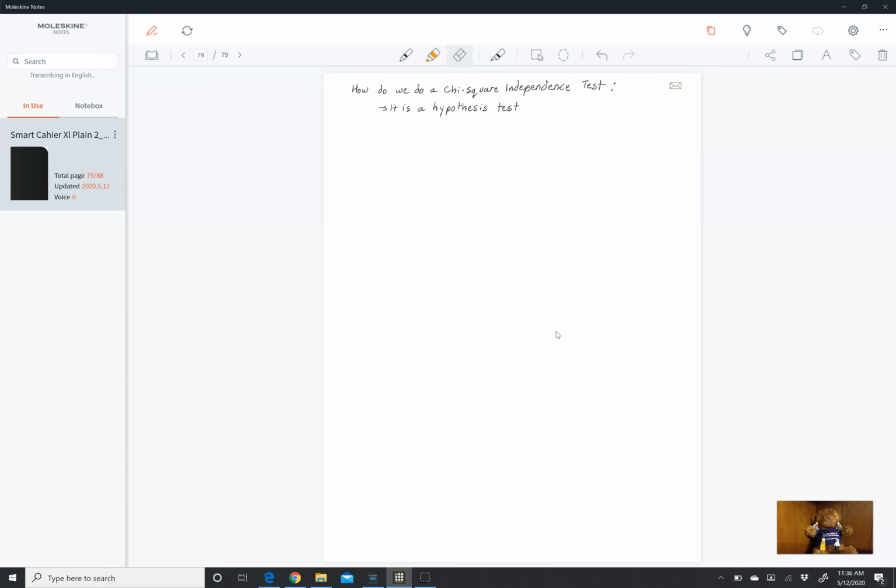And finally, we determine whether the test statistic is in the rejection region, so we reject the null hypothesis, or it's not in the rejection region, so we fail to reject the null hypothesis. And then we make a conclusion about the claim based on whether the claim is the null hypothesis, in which case we're rejecting or failing to reject, or if it's the alternative hypothesis, in which case we're supporting or failing to support.